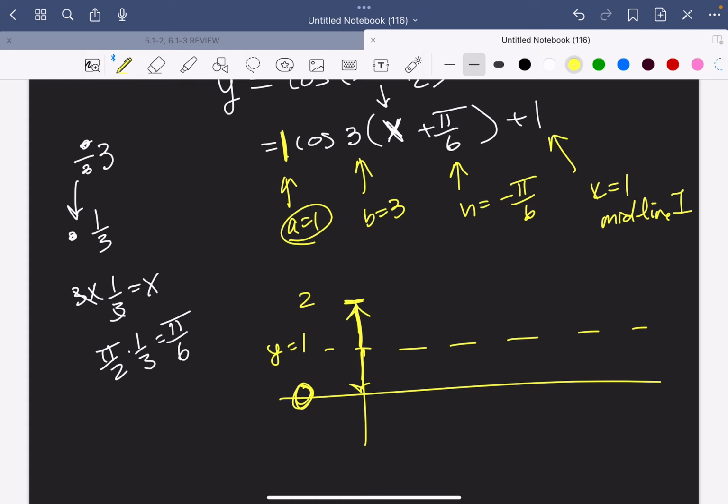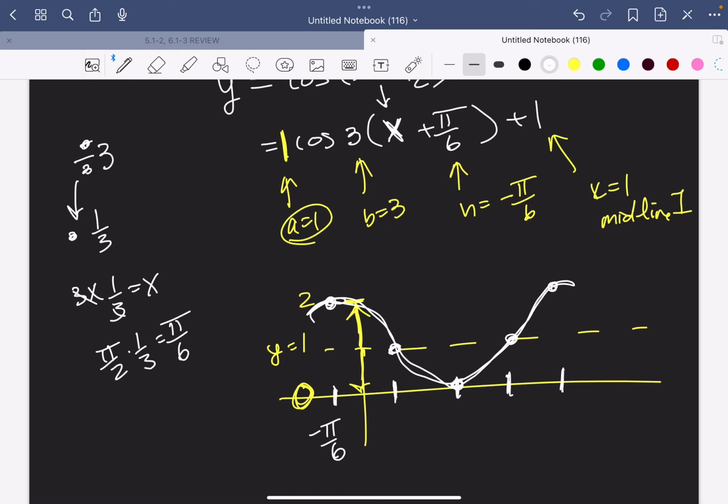I'm going to start off at negative pi over 6, right? And then we're going to take 1, 2, 3, 4 steps. And we're going to have this, this, this, this.